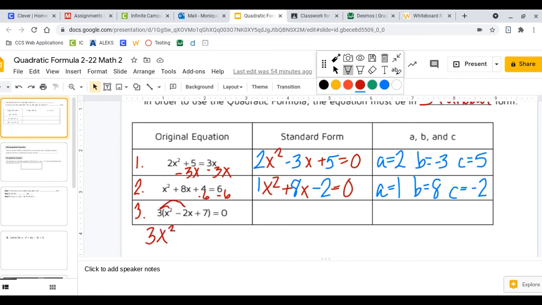Then 3 times negative 2x gives me negative 6x. Then 3 times 7 gives me a positive 21, equals 0. Now this is the equation that I'm going to use. It is already in standard form, right? I have my x squared, my x, and my constant, and it's equal to 0. Your job is to find out what A, B, and C are.